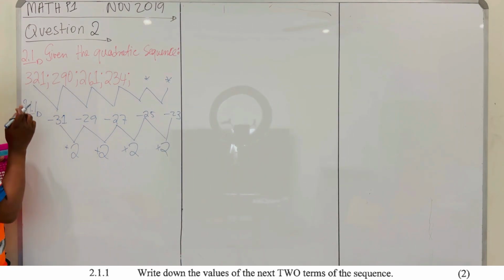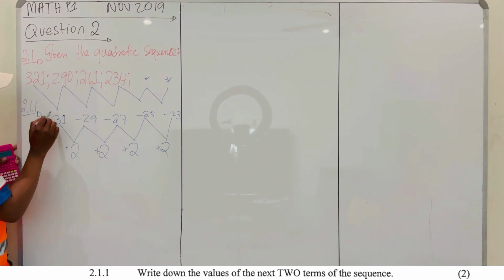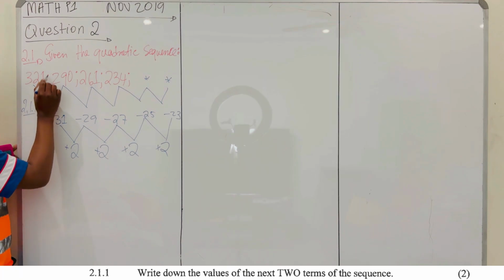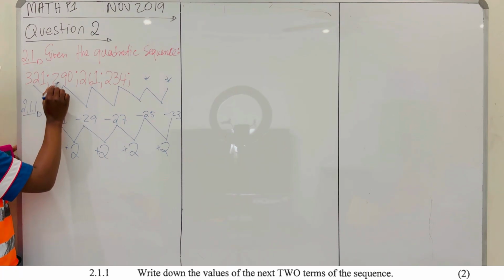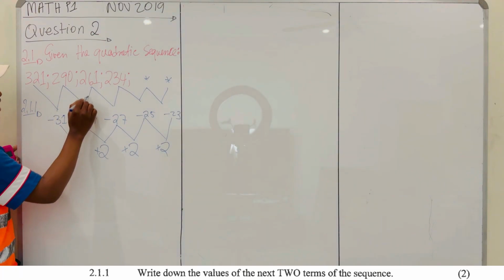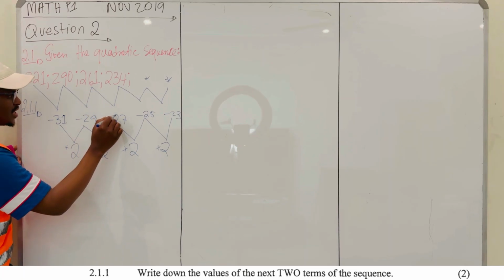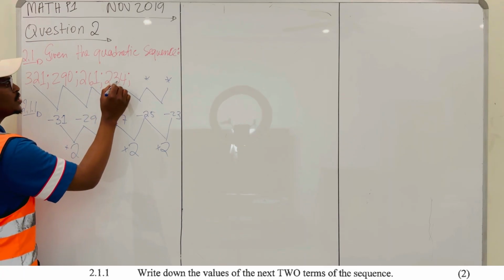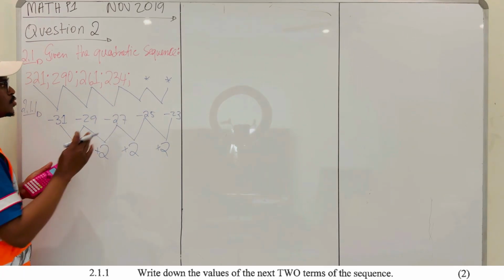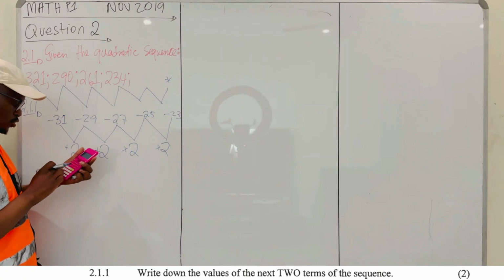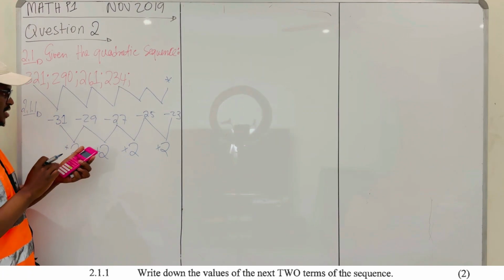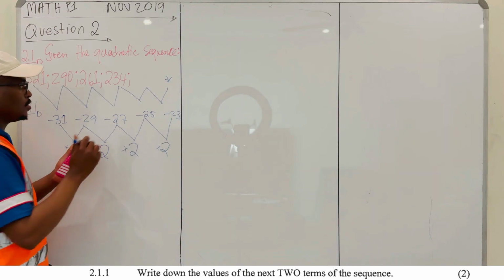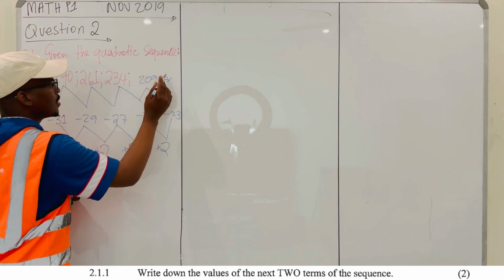Same thing happens here as well. Say 321 minus 31, 290 minus 29, 261 minus 27, 234 minus 25. You get 209, right?